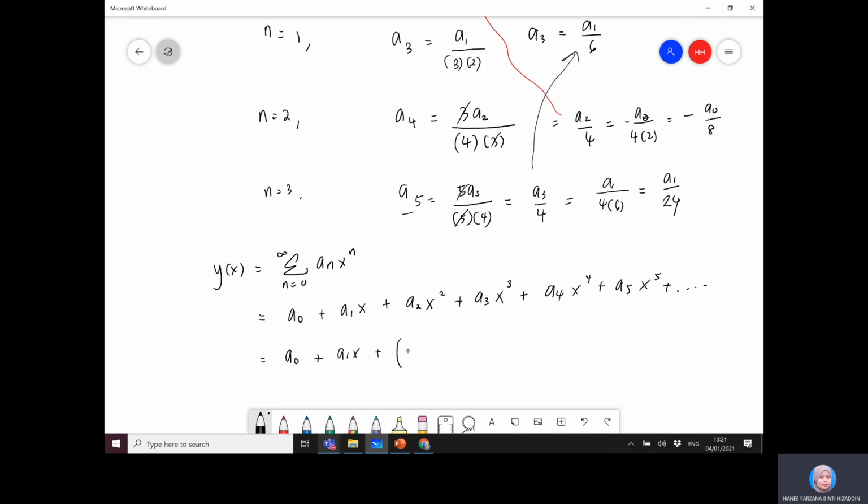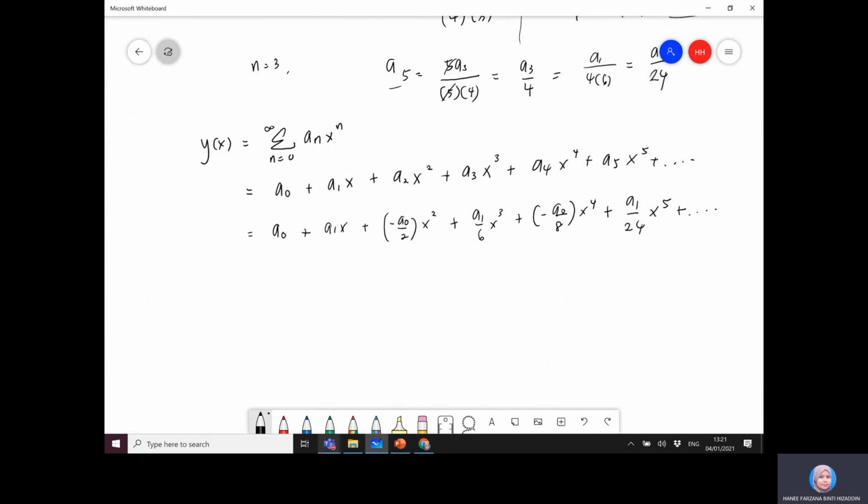So a2 is minus a0 over 2 x squared, plus a3 is a1 over 6 x cubed, plus a4 is minus a0 over 8 x to the 4, plus a5 is a1 over 24 x to the 5, and so on. And you can collect all the terms together.